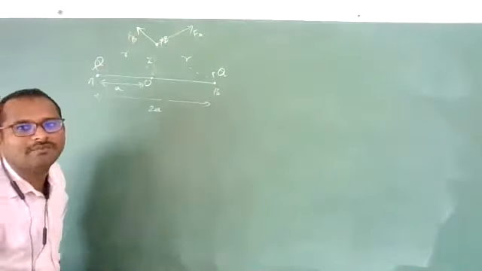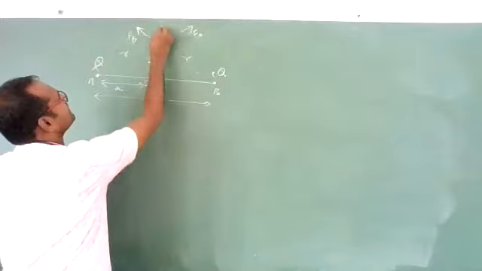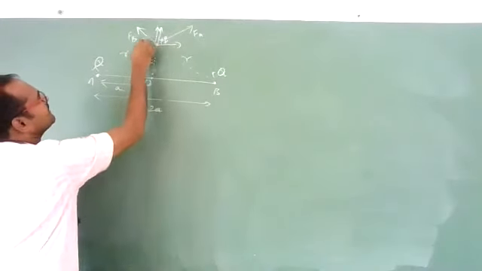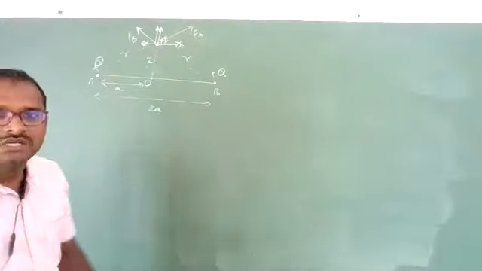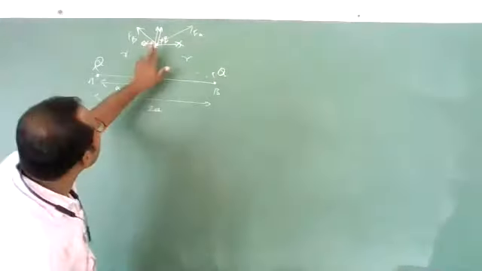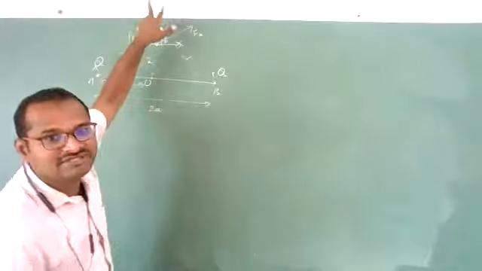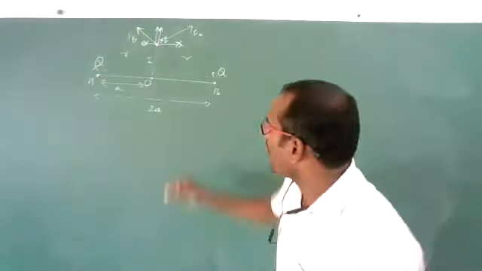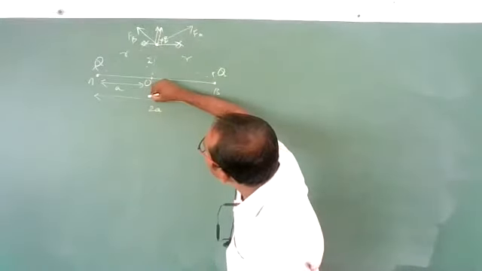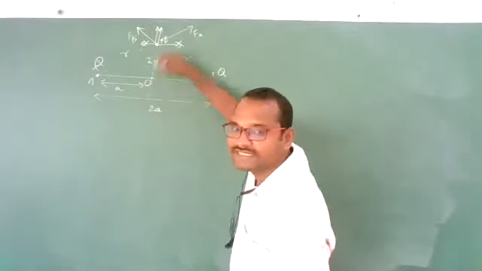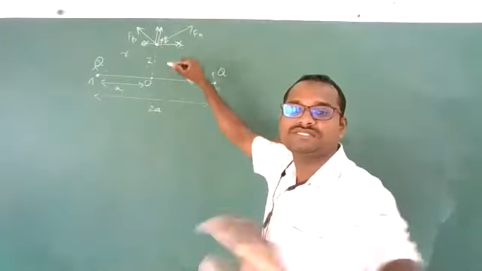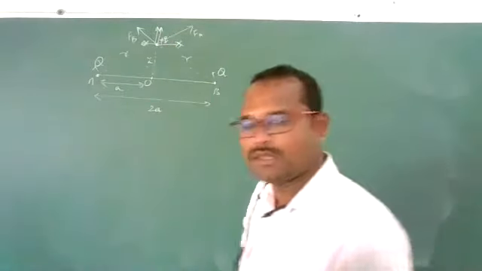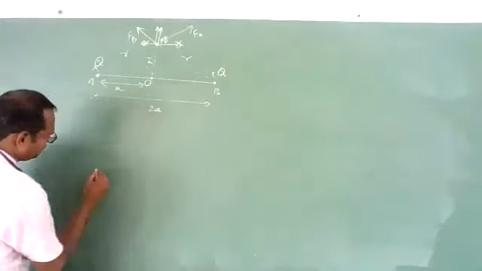If we resolve them into components, we'll get one force this side, one force this side, and they'll cancel each other. So net force on this particle will be upward like this. It means it will not come back to its equilibrium position. Along the line perpendicular to the line joining the centers, the plus Q charge is not in stable equilibrium. But now you take a negative charge.